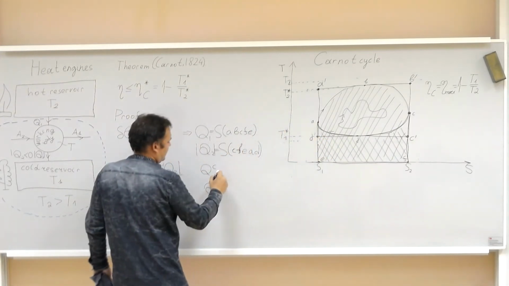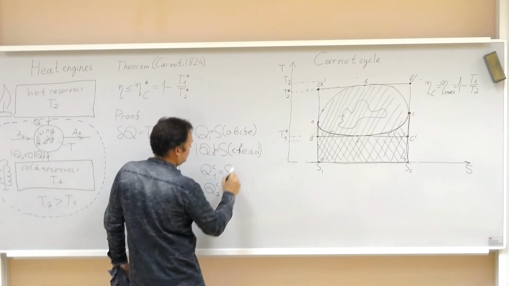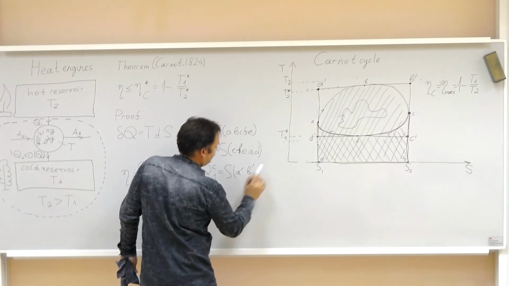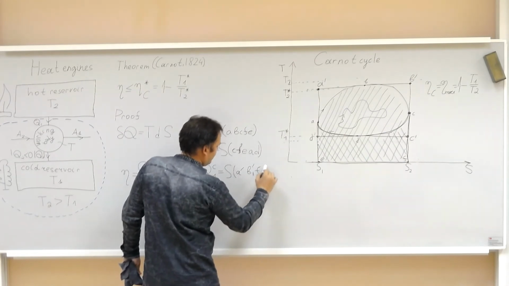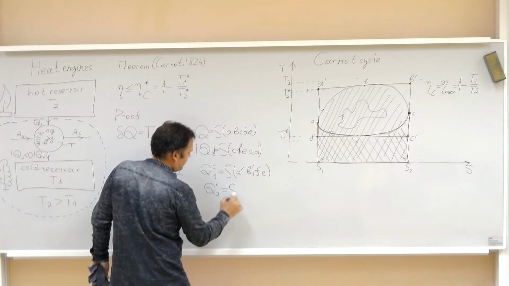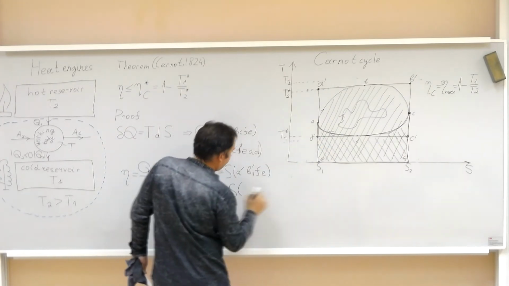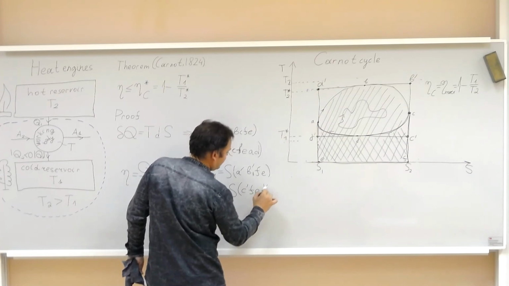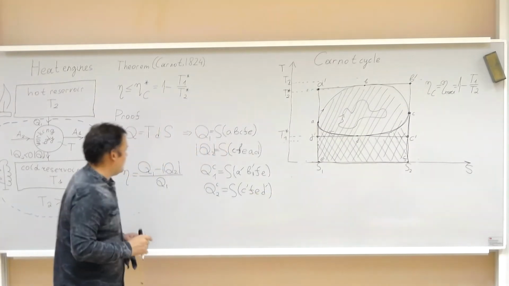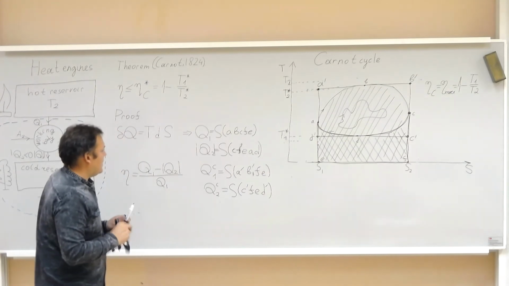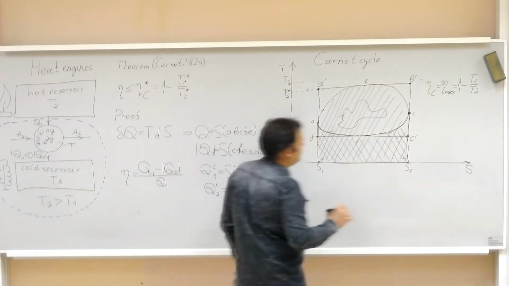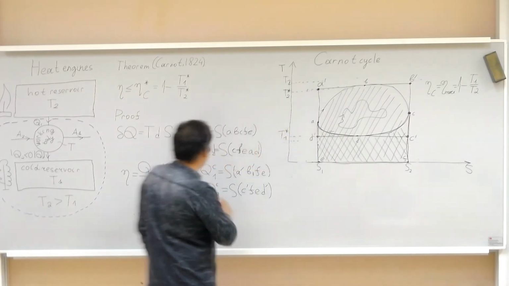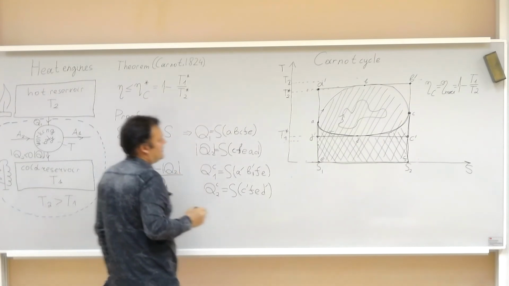Okay, Q1 Carnot equals the area of A prime, B prime, F, E, and here C prime, F, E, D prime. And we see that these quantities differ by areas.